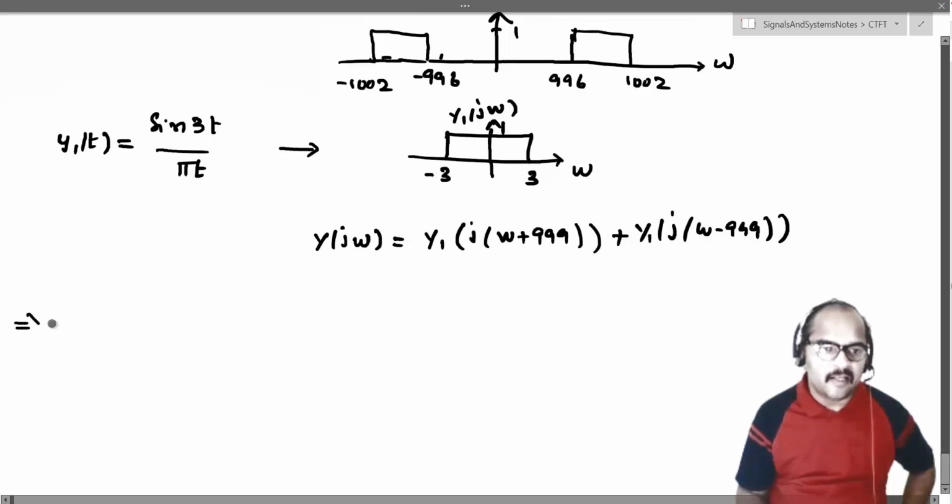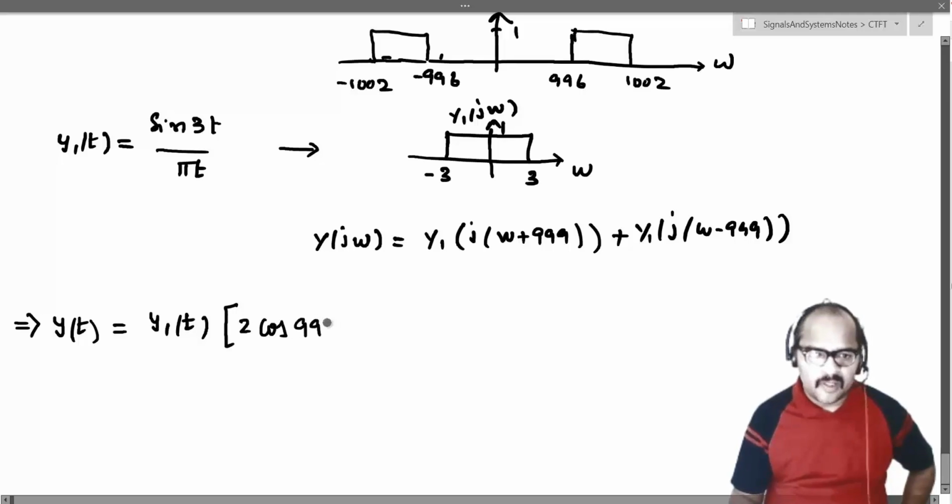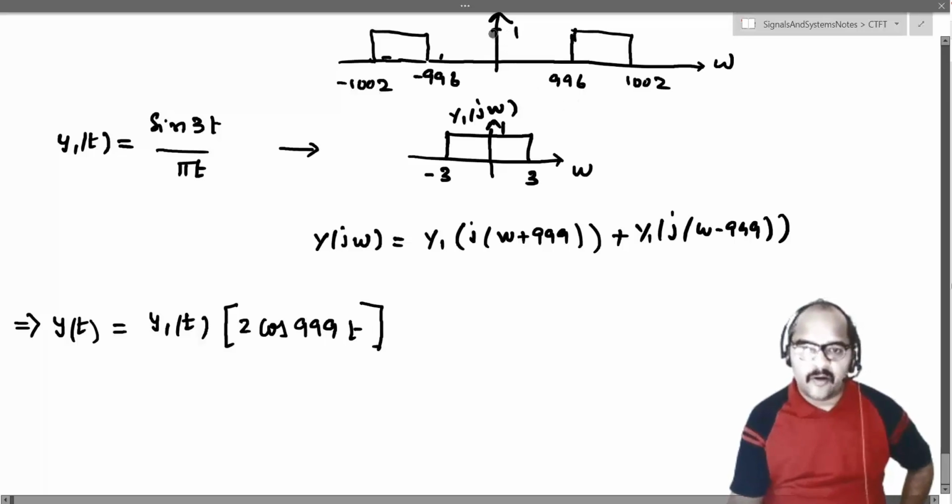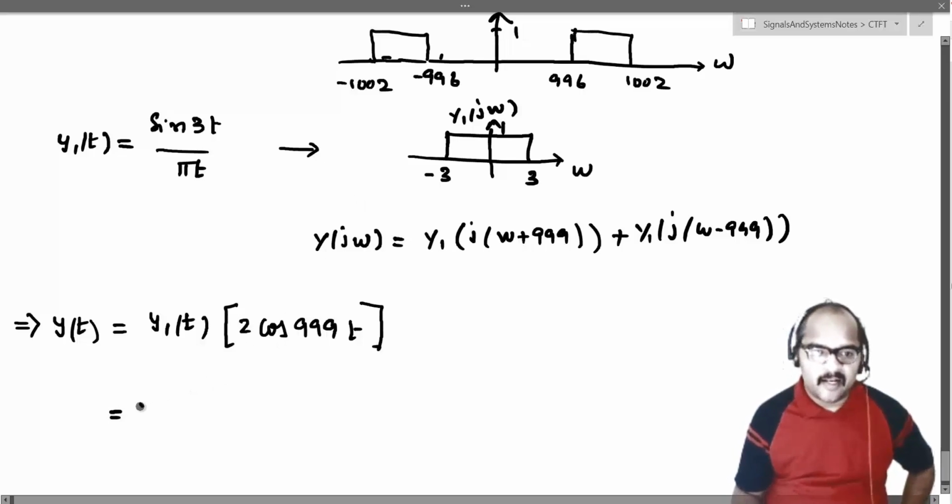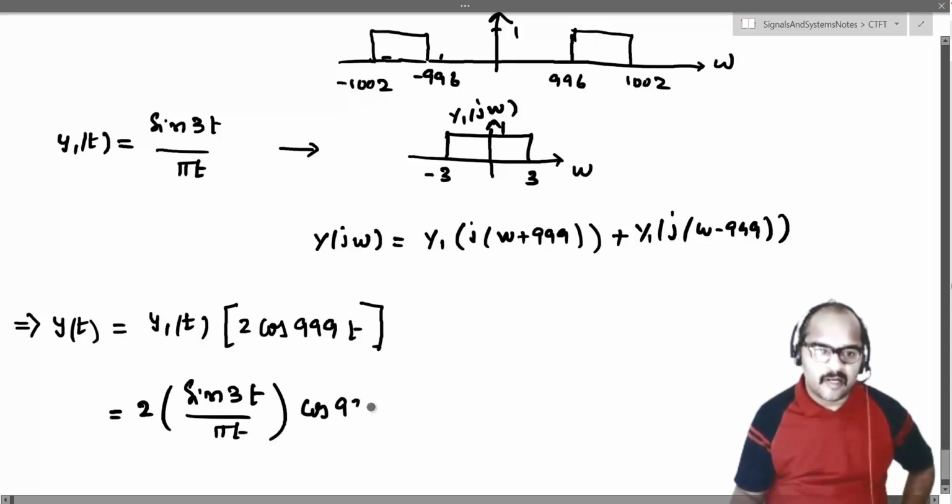So finally you get y of t as y1 of t multiplied with 2 cos 999t. If the amplitude is to be 1, we should multiply with 2 here. So the final answer is 2 times sin 3t divided by pi t multiplied with cos 999t.